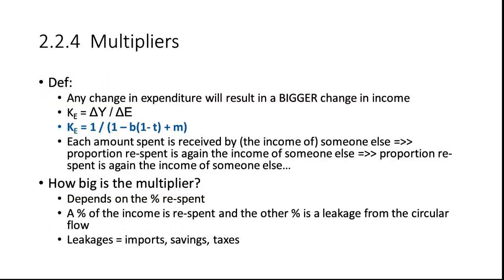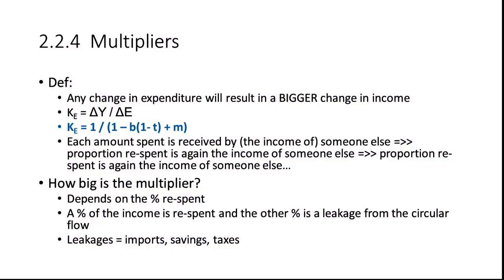Now, it's a multiplier in the sense that it multiplies the effect of changes in the exogenous components of spending. So if there's some change in spending, it leads to an impact on incomes, and that effect is multiplied. So for each amount that is spent by a consumer, by the government, by investors, some portion of it is received by someone else as their income.